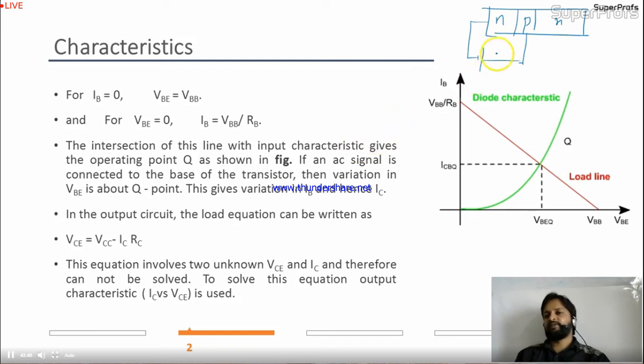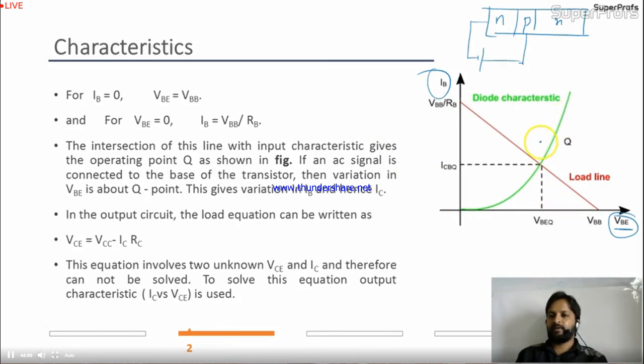So this is a diode, this is the diode characteristic, simple. You apply VBE and you are getting IB in it. Is it okay? So what is the load line? We are drawing the load line over here, and where the load line and the diode characteristic cut each other, this is the operating point. This operating point we call Q.